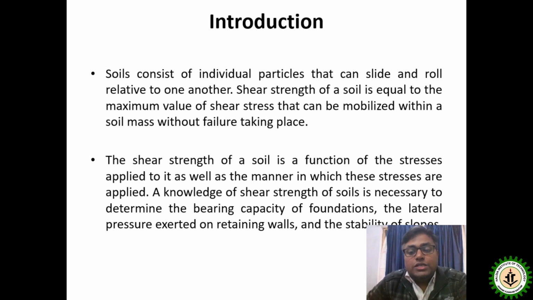So shear strength means the strength, the maximum strength given by the soil against shear failure. Now what is shear? When an upcoming load, the normal load, is acting on the soil mass vertically, obviously in the downward direction, the underlying particles slide or move in the lateral direction.